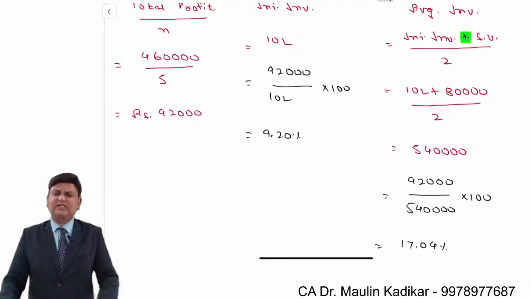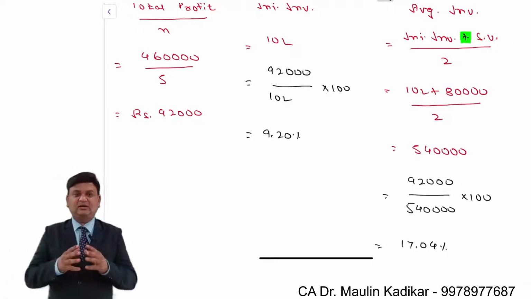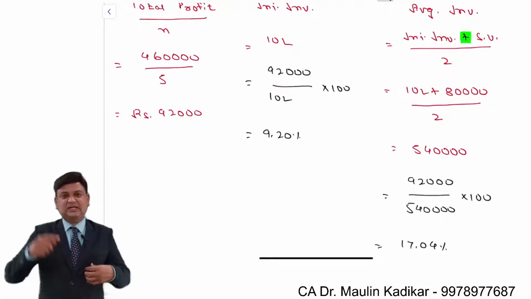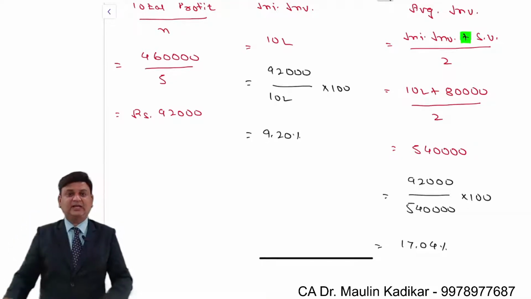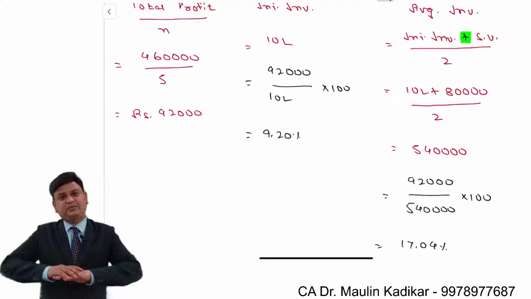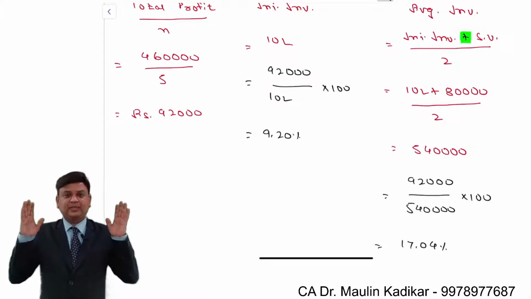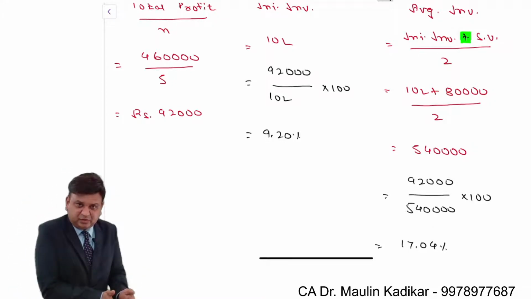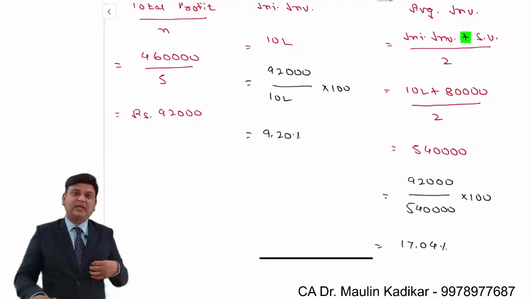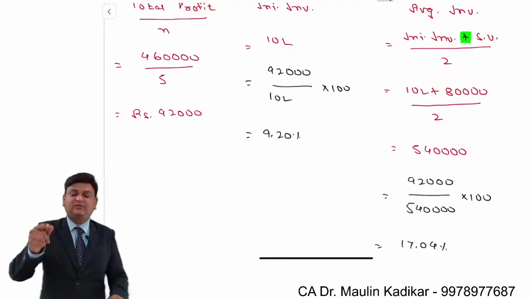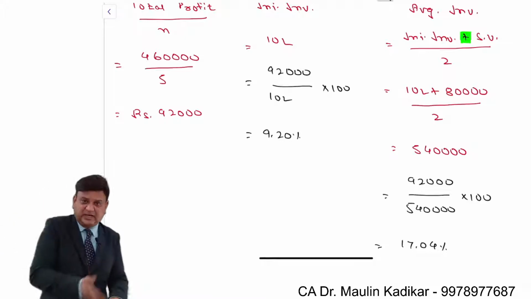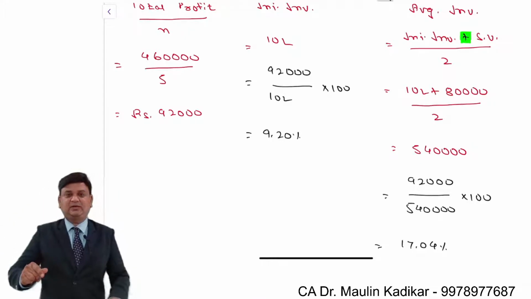So over here again there is an element of subjectivity involved in the decision making. We understand the kind of subjectivity that we had in case of the payback period and discounted payback period, wherein we would be provided with information. Let's say this is the time period in which we want to recover the investment. And if the actual time period in which we are able to recover the investment is less, the project should be accepted.